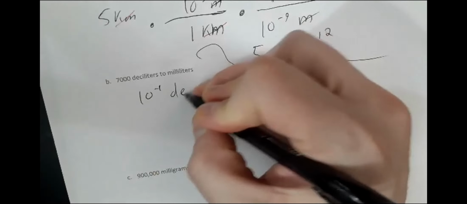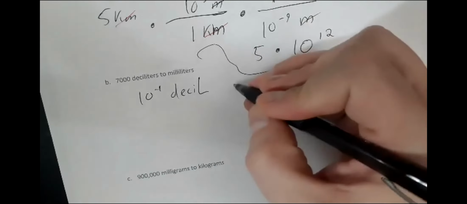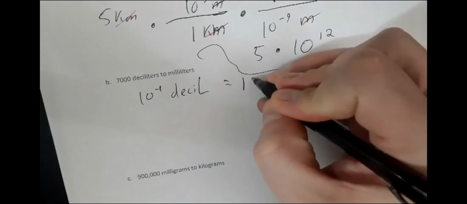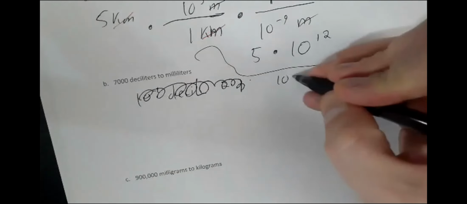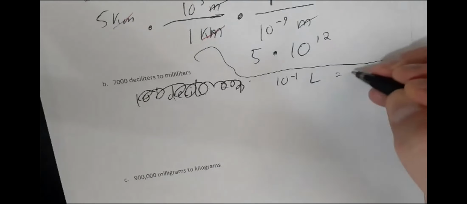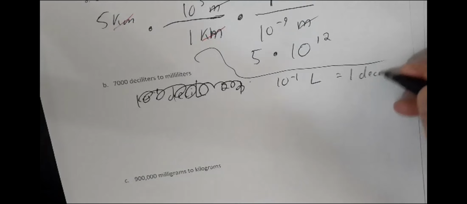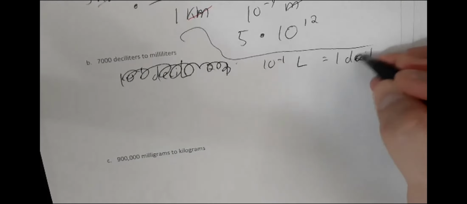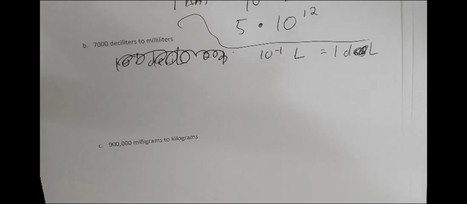So 1/10 or 10 to the minus 1 liters equals 1 deciliter. No, I wrote that backwards. Sorry. 10 to the minus 1 liters equals 1 deciliter. DL is what it is. Sorry. I don't need a deci.